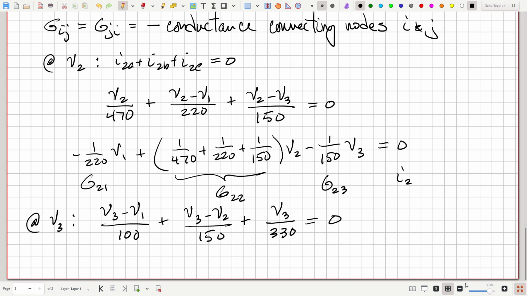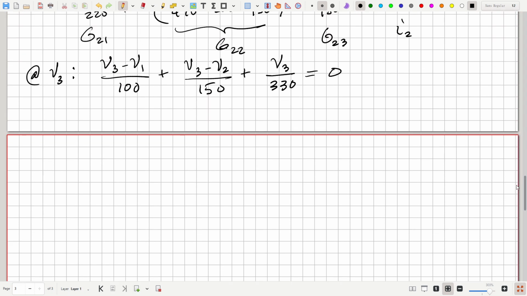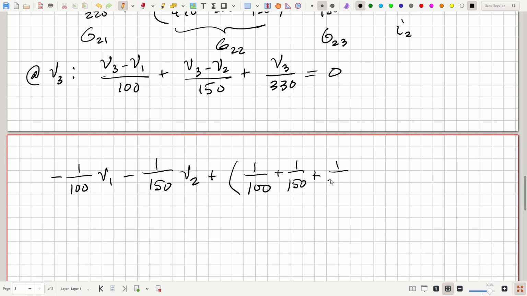All right, so we can see now our V1 term will be minus 1 over 100. And V2, there'll just be a minus 1 over 150. And then V3 is going to have all these positive terms, 1 over 100 plus 1 over 150 plus 1 over 330.